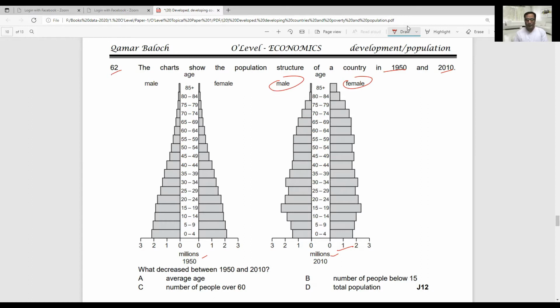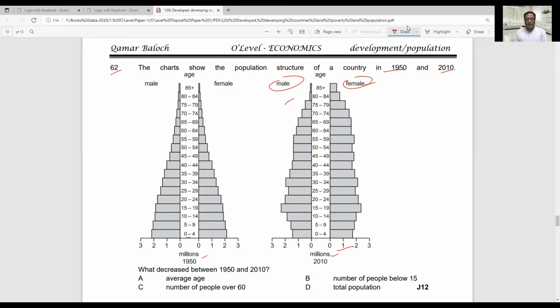So you can see that the age group 0 to 4 were initially around 2 million people in 1950, and now it is much lesser than 2 million in both genders, males as well as females.